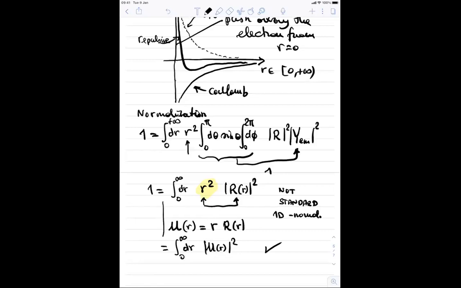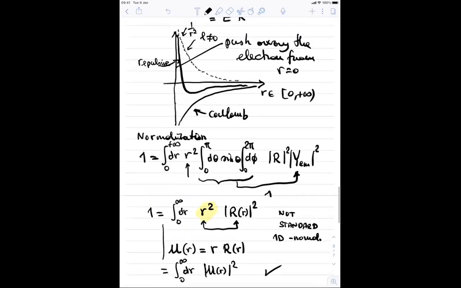How do we get one from the integral of sine theta and Y_lm squared? This is the angular integral. By definition, the Y_lm are normalized in precisely this way, so the integral of the modulus squared of Y is 1.